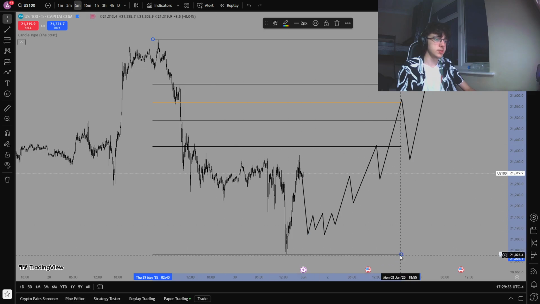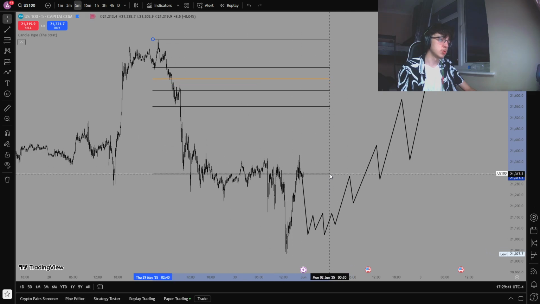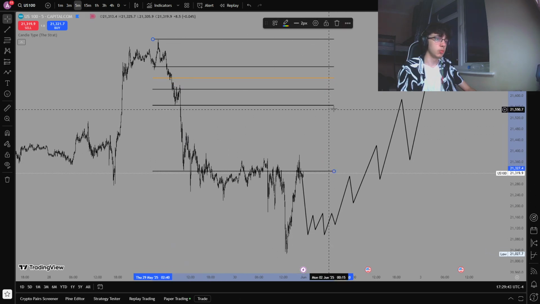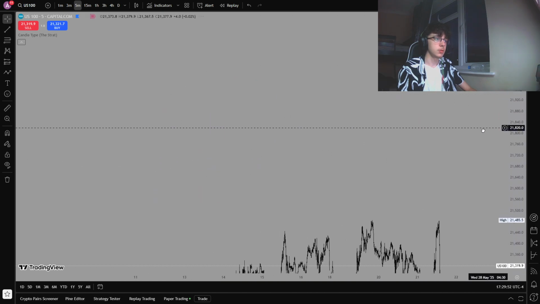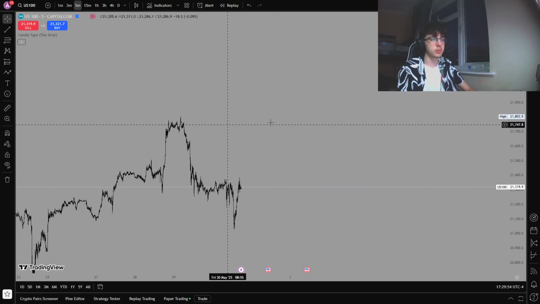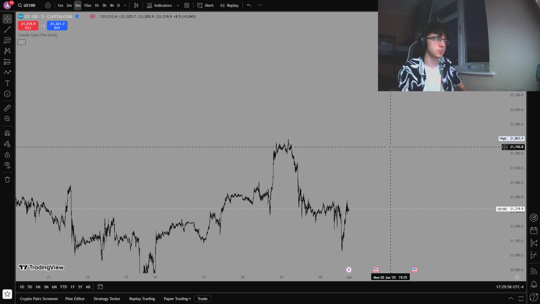In this case, I wouldn't mark the range out like this. I'd mark it out from the last range that was not rebalanced, so this here, and I want this equilibrium to be touched, because here we get too much chop, so I want to see this range rebalanced instead. I should probably talk about how you would measure them, but it's not that hard. No, I already did explain it.